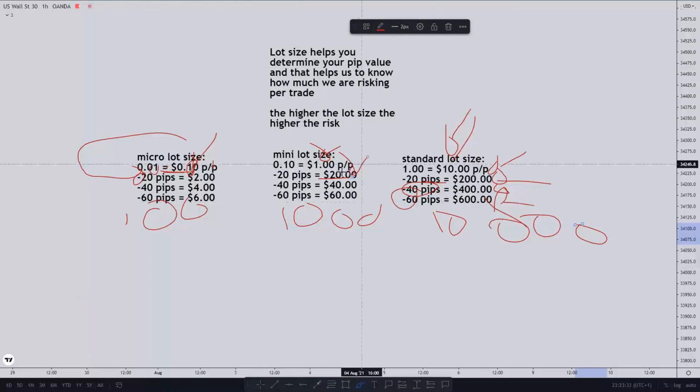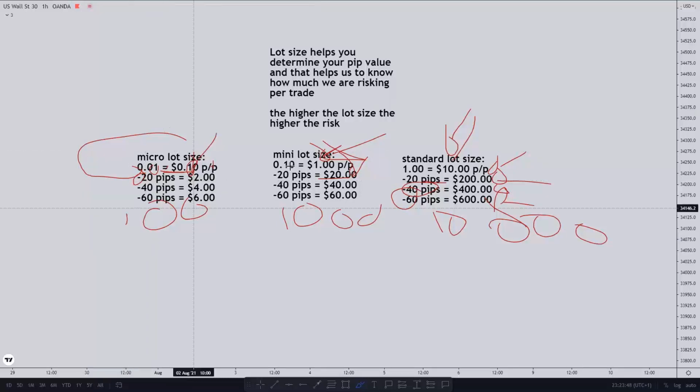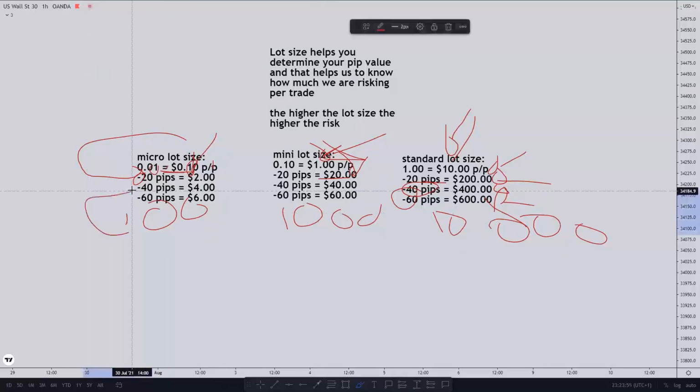Instead of going with a mini lot size on this small account, you can just use a micro lot size, right? Because think about it. Let's say our stop loss is 20 pips. If I were to use a 0.01, I was going to go minus $2.